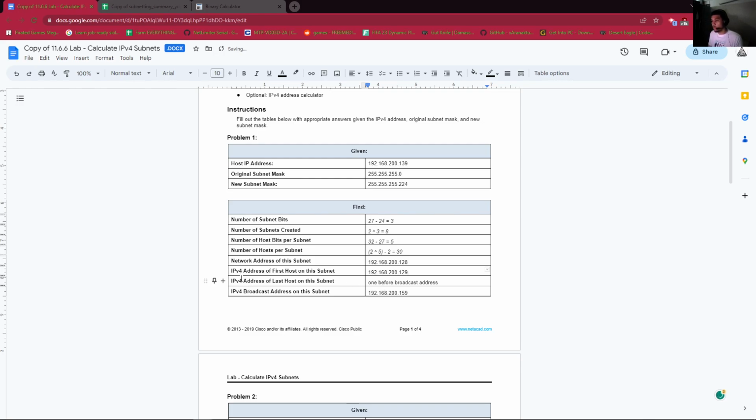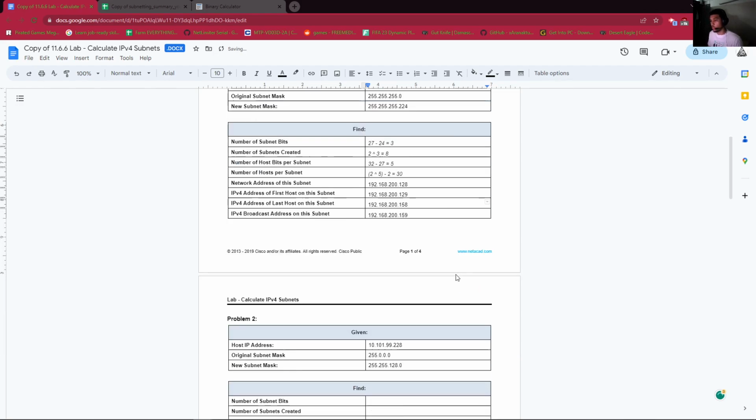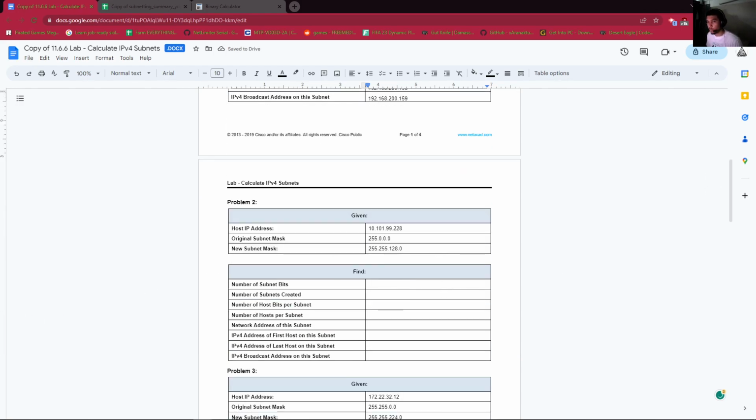And for the IPv4 address of the last host on the subnet, it is 1 before the broadcast address. So before the broadcast address is 158. So let's put 192.168.200.158. That's for the first problem.